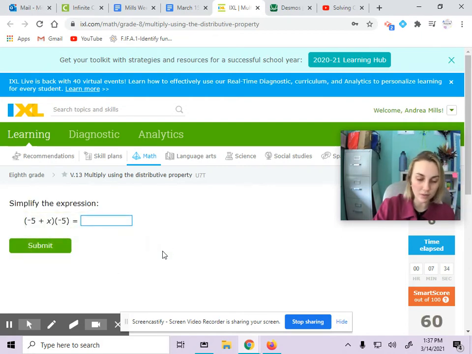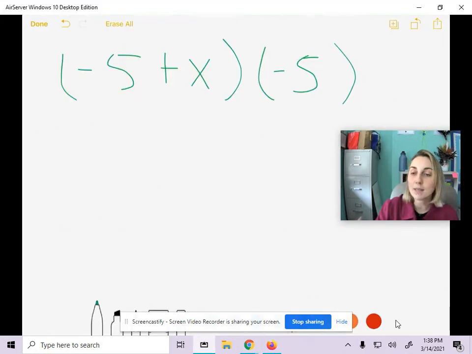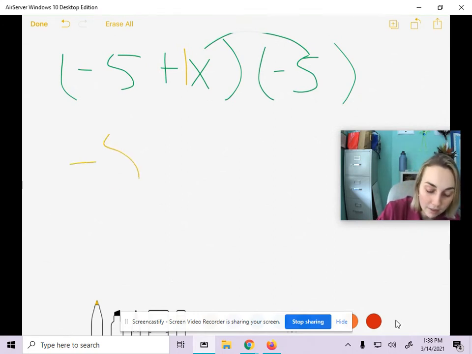Okay, good. I'm glad they did this one too. So we have negative 5, and we're going to multiply that by x, and then we're going to multiply that by negative 5. Guys, be very careful. We're going to do negative 5 times x. Again, we need to automatically assume that there's a 1 in front of that x, because the x has to be there for some reason. And remember, 0x doesn't exist, so we do have to have that 1 there for the x to piggyback off of. Negative 5 times positive 1 is going to give us negative 5.